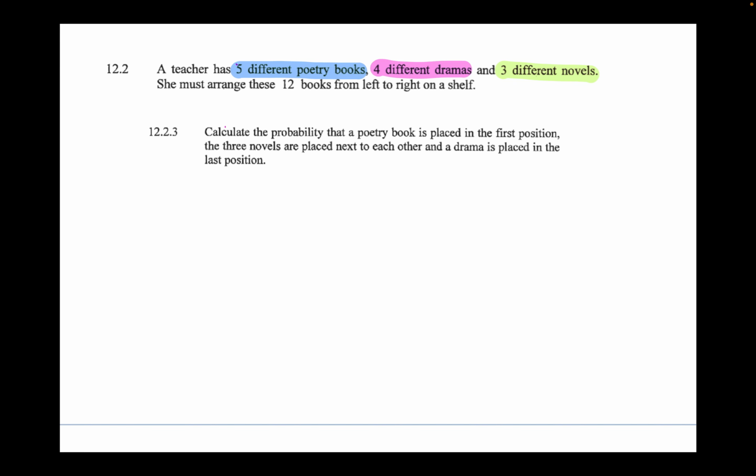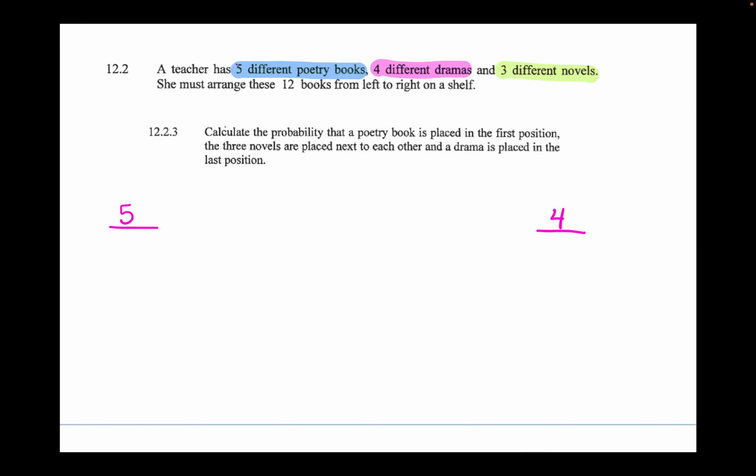So in our first position, we have 5 choices for that, and in our last position, we have 4 choices for that. So we know we're going to multiply 5 times 4, but the rest of this is a little bit more complicated. So our 3 novels have to be all together.